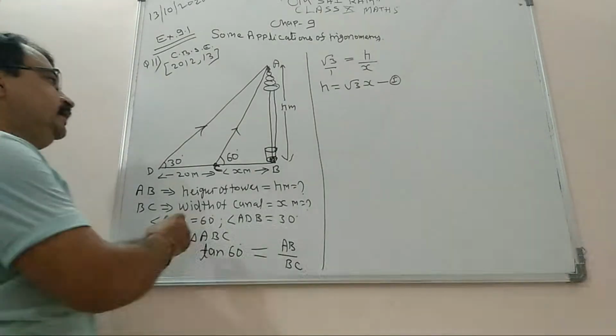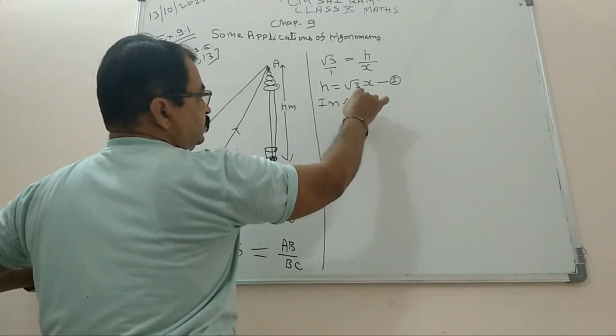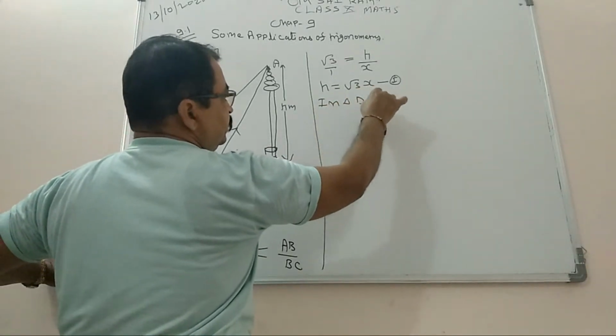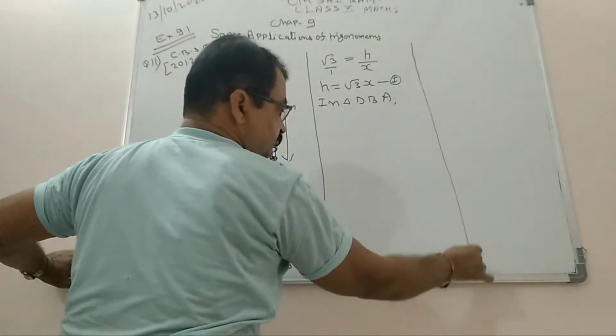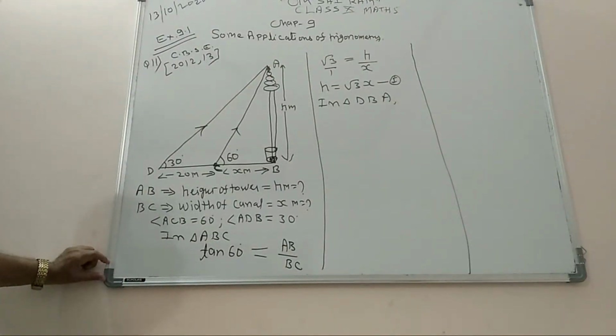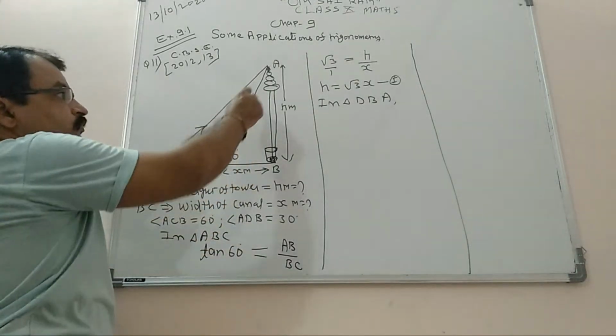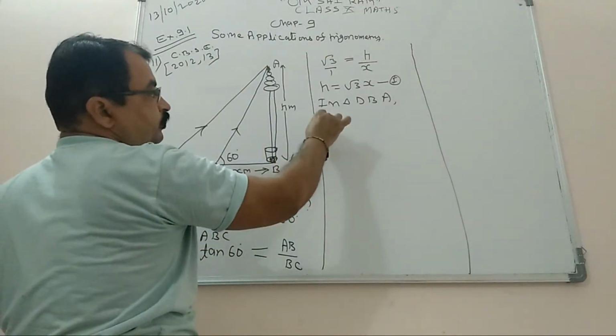Now the second triangle is DBA, so now you will take triangle DBA children, and of course this is also a board question. I mentioned 2012 and 2013, and before this and after this also this question has been already asked. So in DBA, now you will take the ratio of what children?